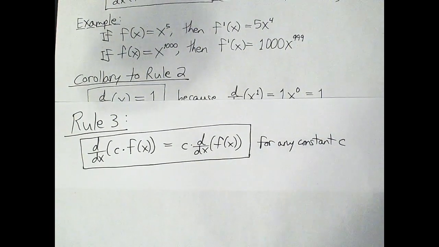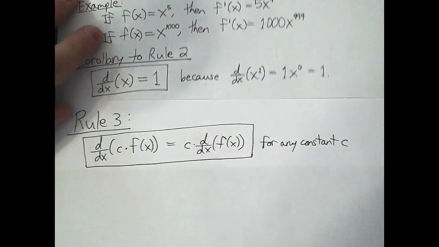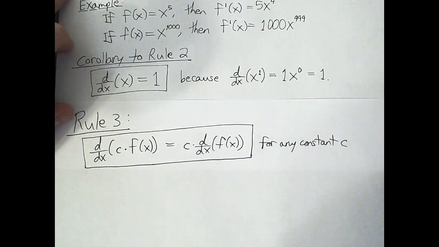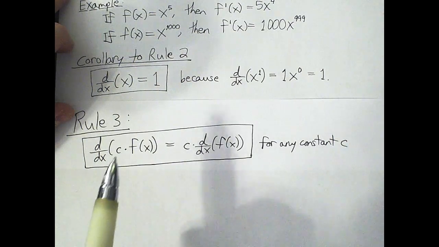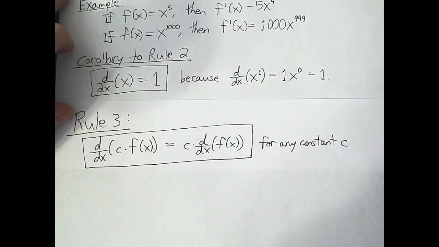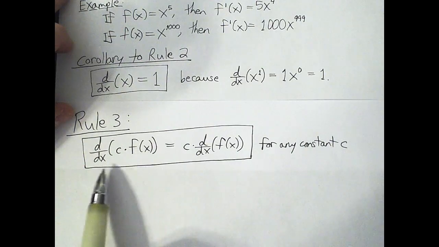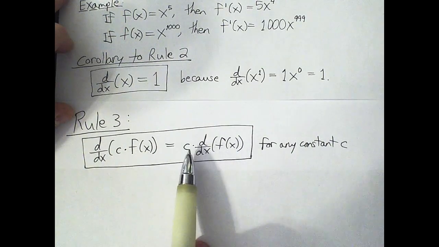So this looks good. This is basically saying that if there's a constant in front of something, you can pull the constant out. This seems to make sense to me because we know that you can pull a constant out of a parentheses, you can pull a constant out of a limit, you can pull constants out of a lot of things. Turns out that you can pull a constant out of a derivative and have it just be out front.